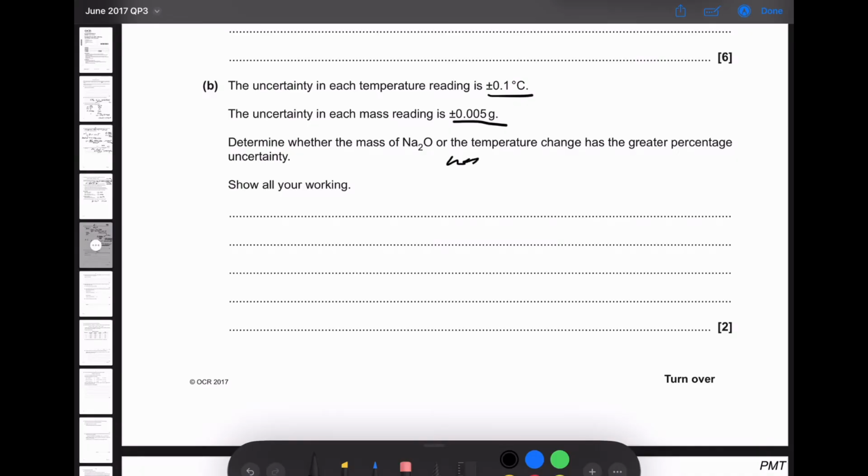We do uncertainty over our value times by 100. So what they'll trick you up on here is that our temperature reading and our mass reading were both about change in mass and temperature reading.